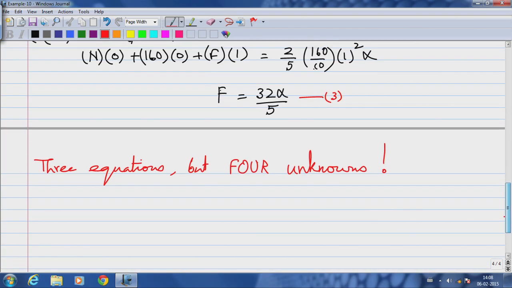So, this is where we need a little more information on the kinematic state of the sphere motion. So, we are going to ask what is the kinematic state of the sphere motion.